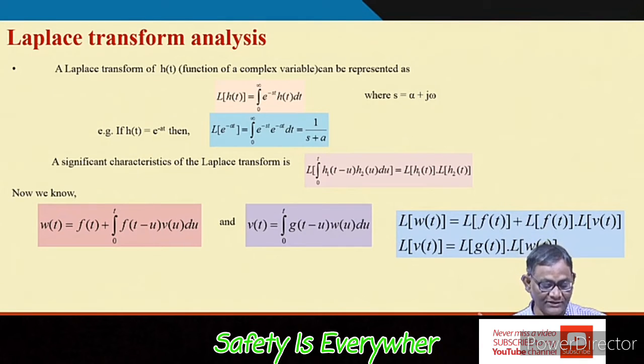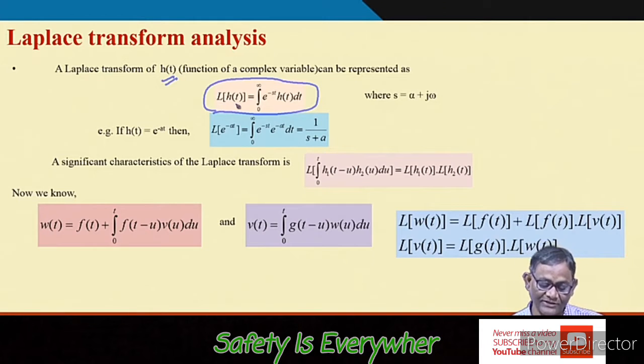Here, interestingly, we will basically talk about a function h(t), and we are interested in finding its Laplace transform. When we want the Laplace transform of the h(t) function, we use this equation.